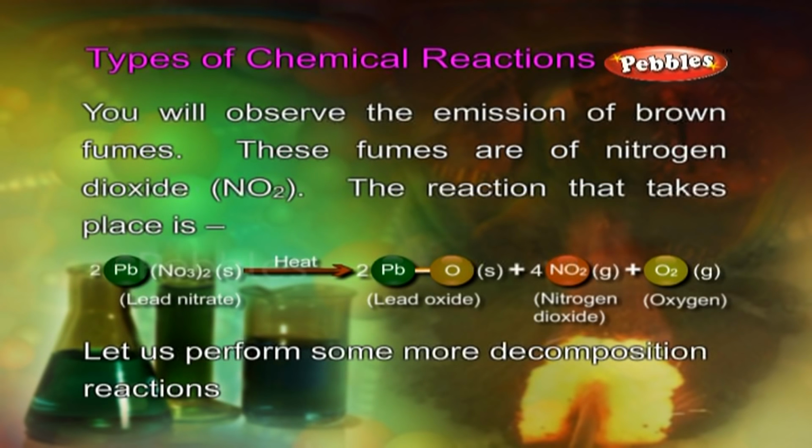The reaction that takes place is 2Pb(NO3)2 solid, that is lead nitrate, on heating gives 2PbO solid, that is lead oxide, plus 4NO2 gas, that is nitrogen dioxide, plus O2 gas, that is oxygen.